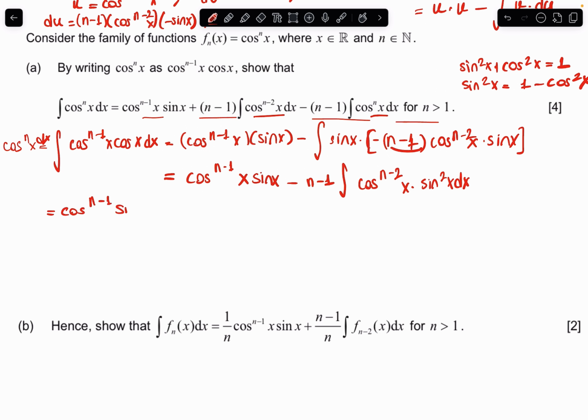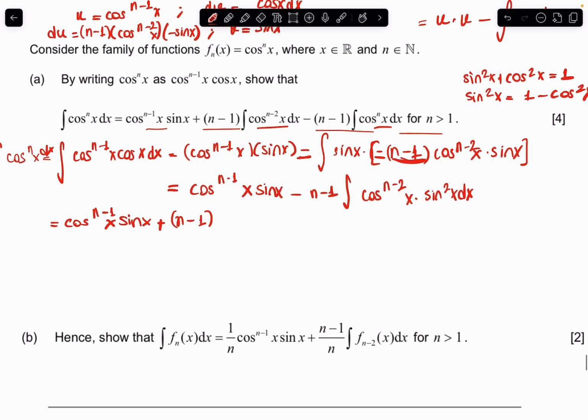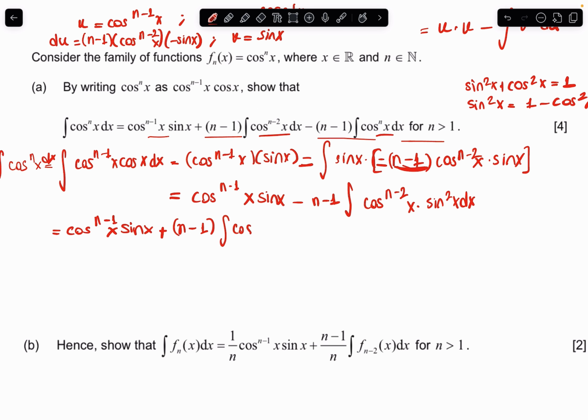So we have cosine^(n minus 1) x sine x minus (n minus 1) times the integral. Because this was minus (n minus 1), if I multiply it with the minus here, it's going to be plus (n minus 1) times the integral of cosine^(n minus 2) x times (1 minus cosine squared x) dx.